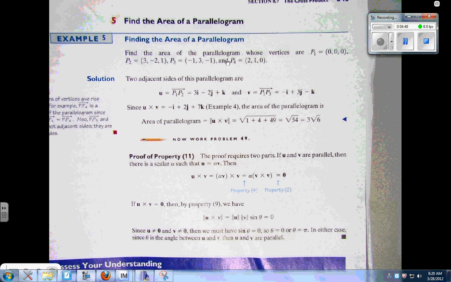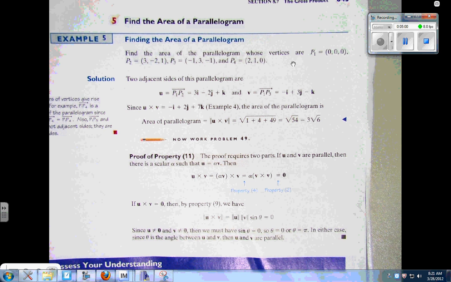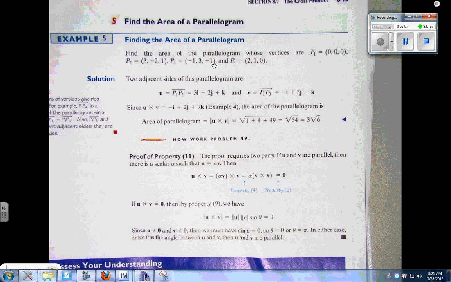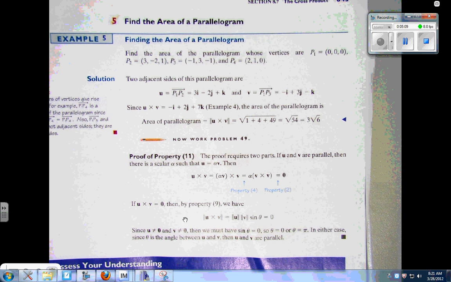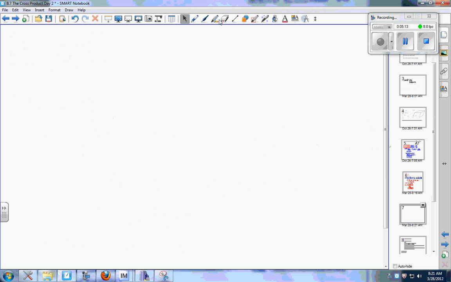Okay. Now, if you think about a parallelogram, you know there's 4 sides. Well, adjacent sides are something like this and this, but you don't want to be getting diagonals in there. So kind of a little trick you can do is just always go P1 to P2 and then go P1 to P3. For whatever reason, they're usually going to label them something like this.